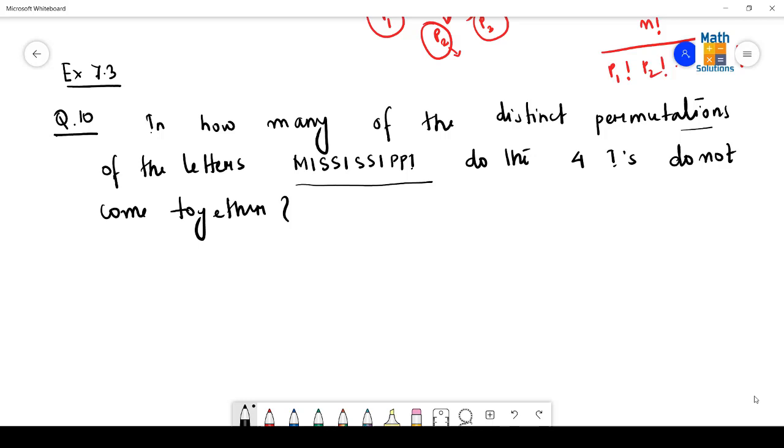So it is very clear that from the total number of permutations of the letters of this word we have to subtract the number of distinct permutations of the letters of this word in which all the four I's come together, and then the required answer will come.